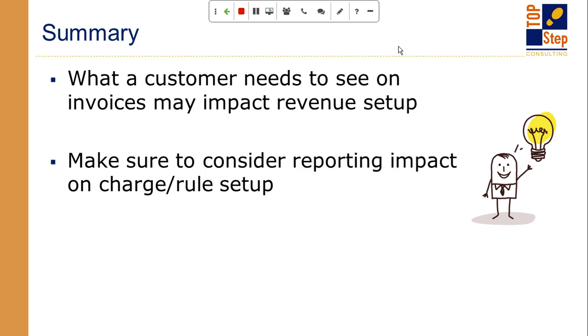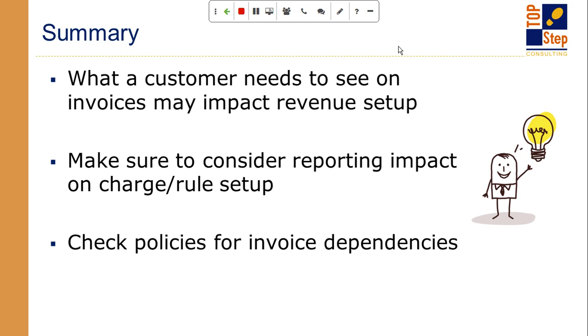Make sure you consider the impact on reporting, especially if you're in those situations where you're doing invoicing and you're doing billing rules to generate revenue, but it looks like you're double billing. Those are the situations where you need to set up custom calculations so that you're only counting the invoicing once. And we need to be able to use some configurations to ensure that the financial analysis report is kept whole.